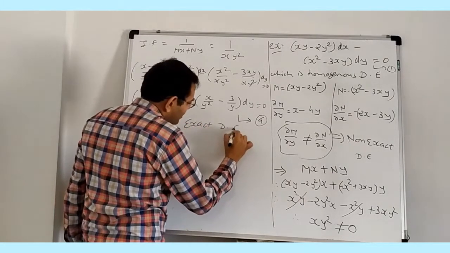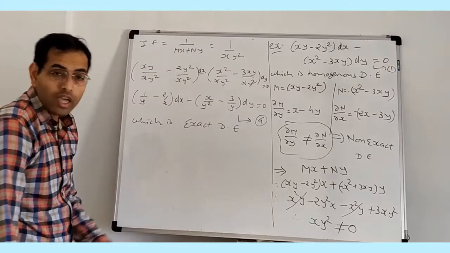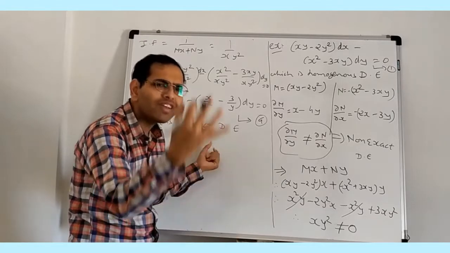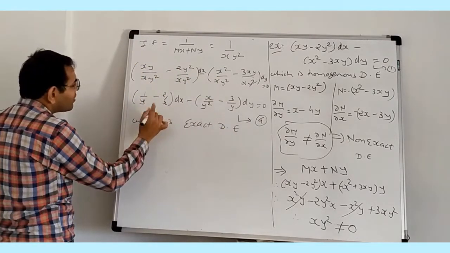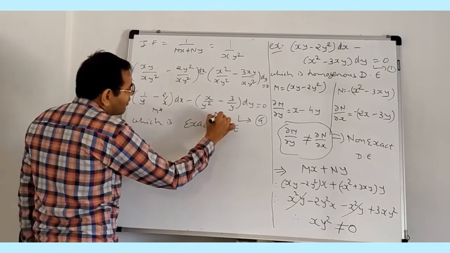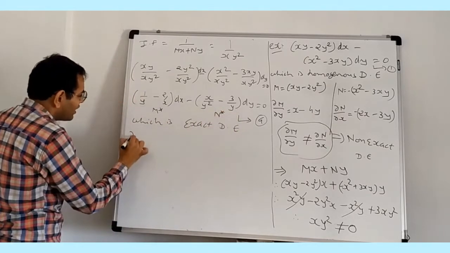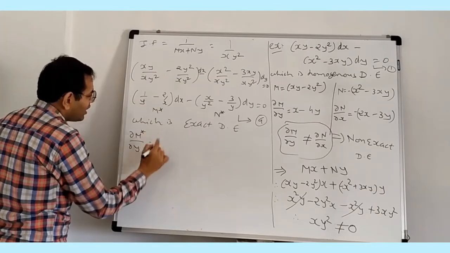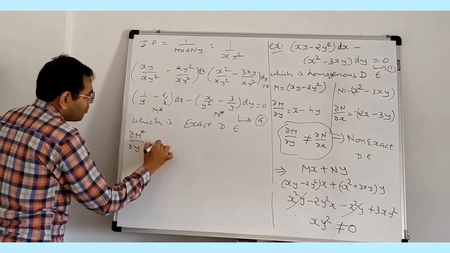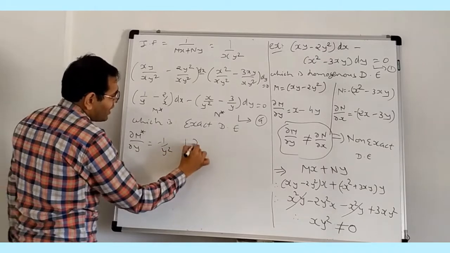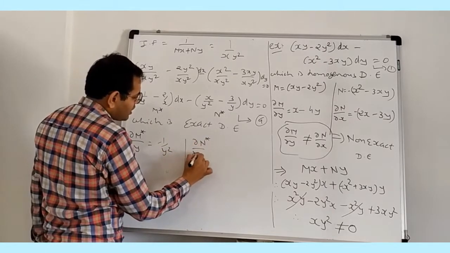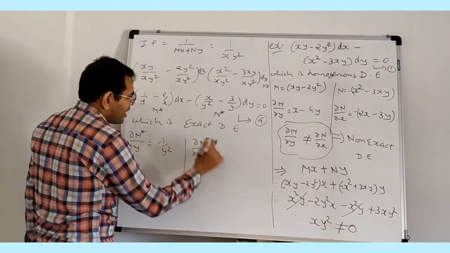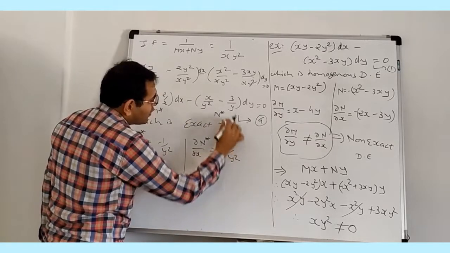It is an exact differential equation. If we have doubt whether it is exact or not, we find the term indicated by M star and the term indicated by N star. The partial derivative of M star with respect to y is minus 1 upon y square, and the partial derivative of N star with respect to x, the minus goes inside, is minus 1 upon y square and 0.